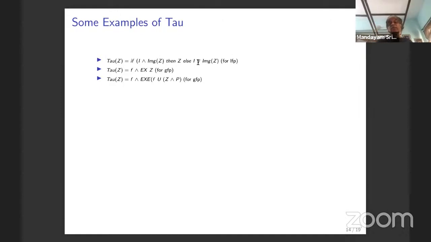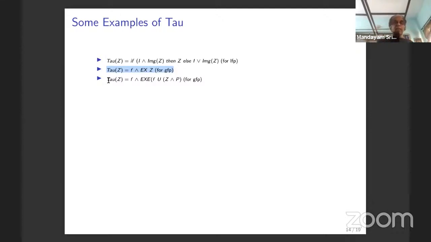So sometimes this is useful if you want to only look for certain states that are reachable through the shortest lasso up to a certain point. You can actually do that. This you already saw. This was exactly what was used to characterize EG of some F as a greatest fixed point.